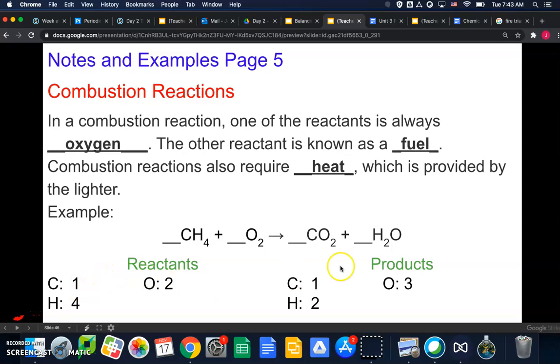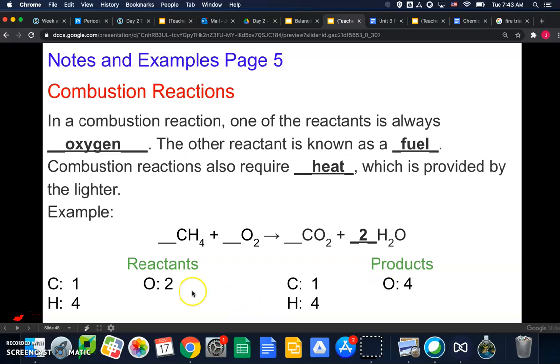So to begin with, our carbons are balanced, so we'll move on to hydrogen. Here we have 4 hydrogens on this side, 2 hydrogens on this side. So we'll balance that by putting a 2 here. Then now we have 4 hydrogens here. But now we're up to 4 oxygens. And so now we need to balance out our oxygens.